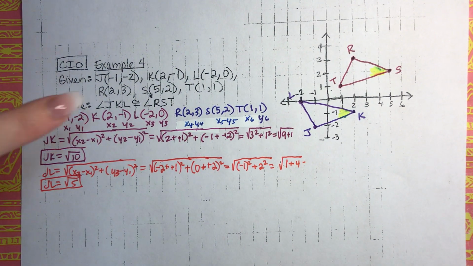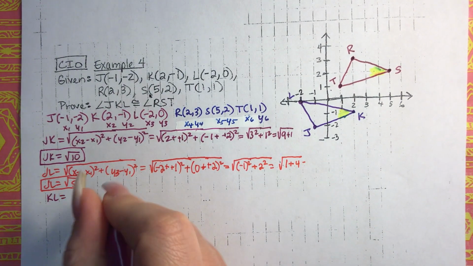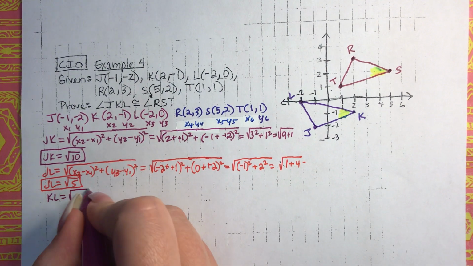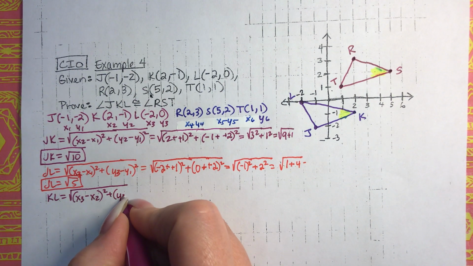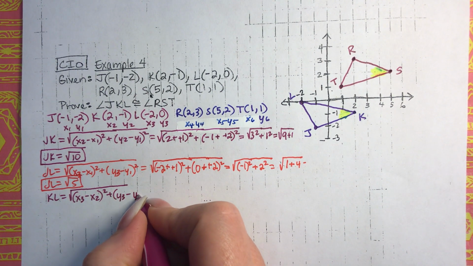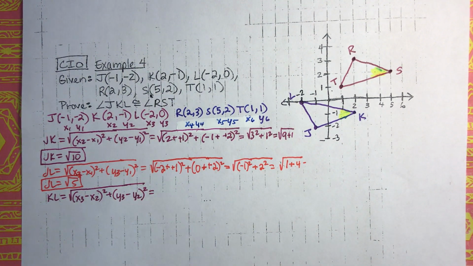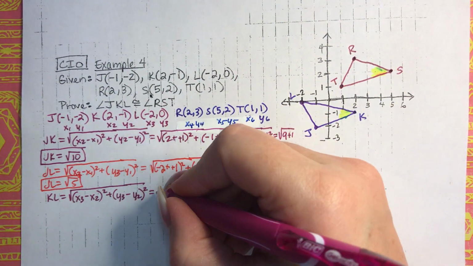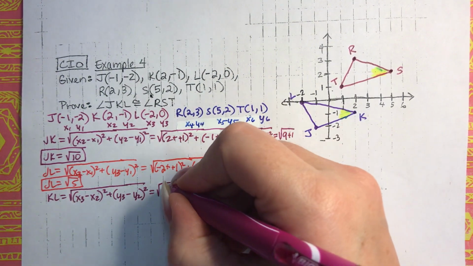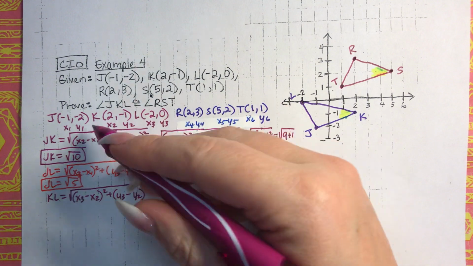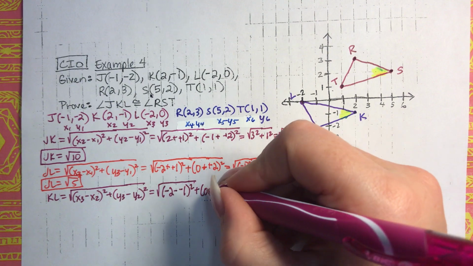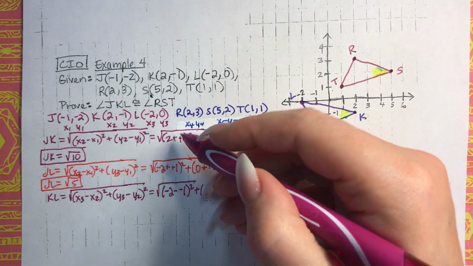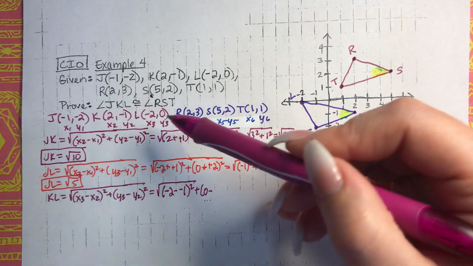Okay, so JK, JL, now we need to do KL. So KL is going to be x3 minus x2 squared plus y3 minus y2 squared. We substitute in. We get x3 is -2 minus x1 would be -1 squared plus y3 would be 0 minus y1, no, doggone it, I did the wrong one again. x3, x2, okay.